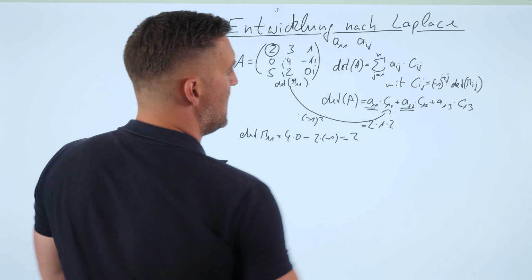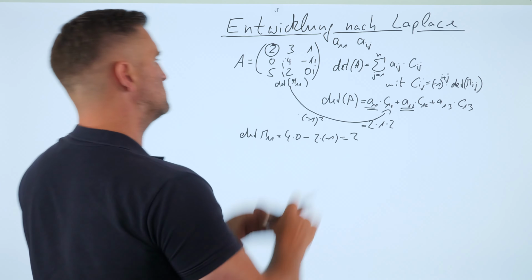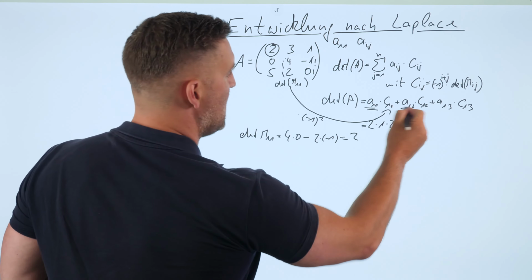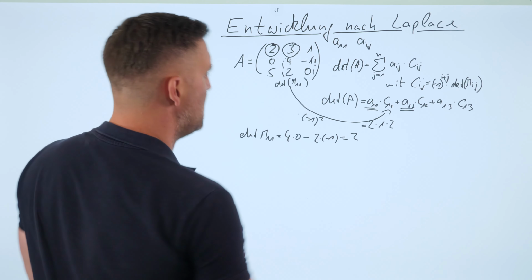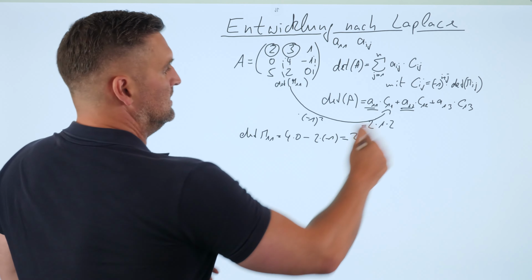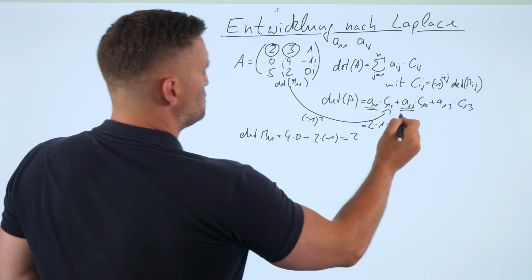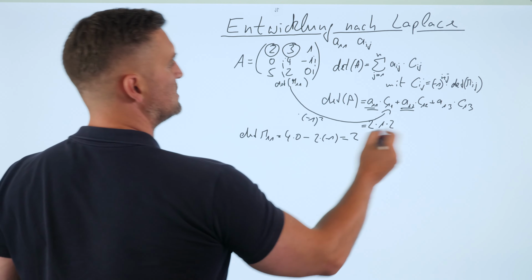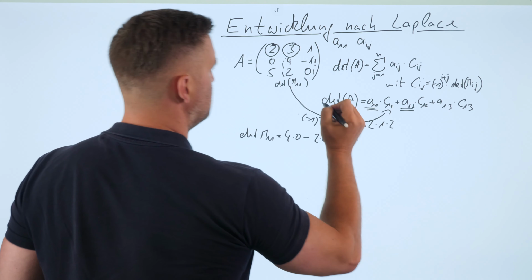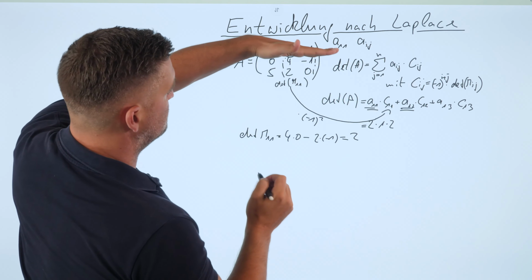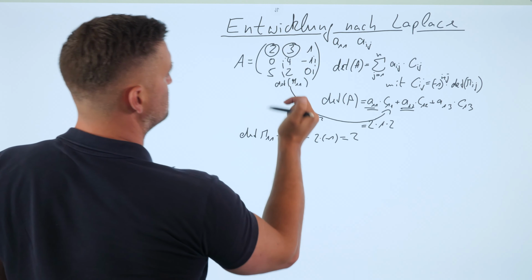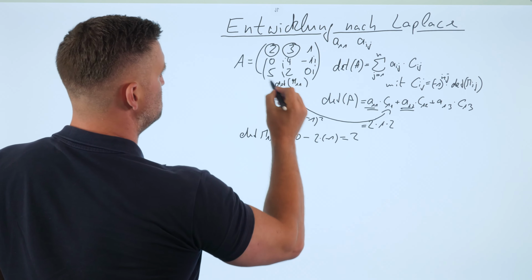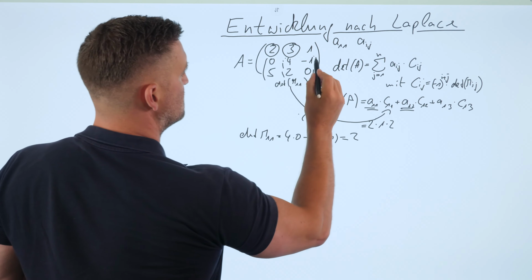Then we have a1,2. Of course, you can make this clearer for yourselves using colors and look it up more precisely. a1,2 is 3. Then accordingly we determine c1,2 with M1,2, the next submatrix. We cross out the first row and the second column. And then what's left is 0, 5 here, and minus 1, 0.